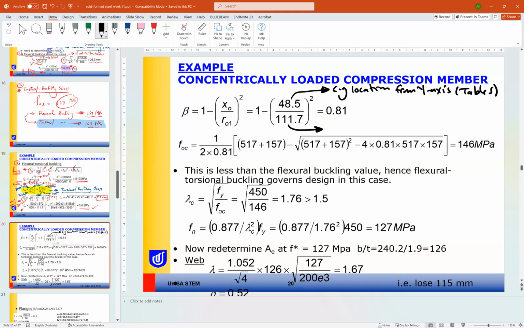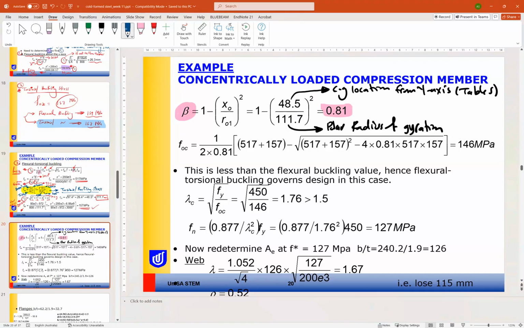RO1 is the polar radius of gyration. So we got beta equal to 0.81.